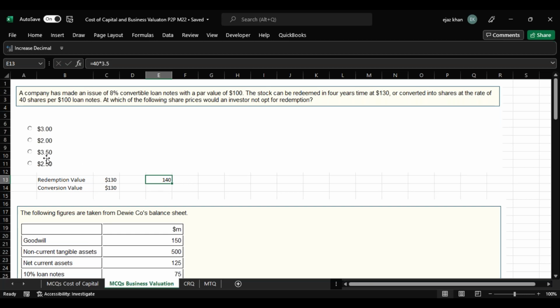If the price of the share in 4 years' time will be $3.5, the conversion value will be $140, and the investor will not choose to redeem. He will rather choose to convert. That's the answer. $3.5 is the answer.